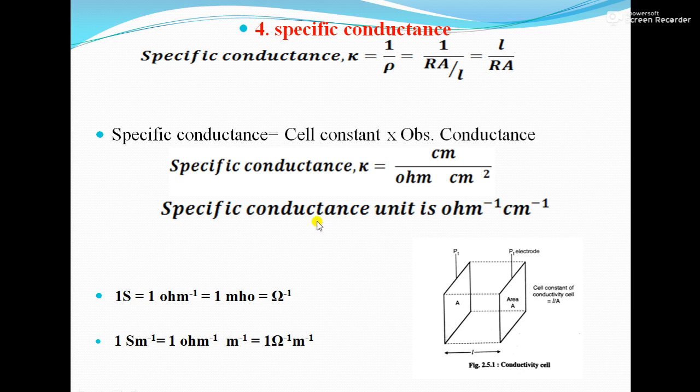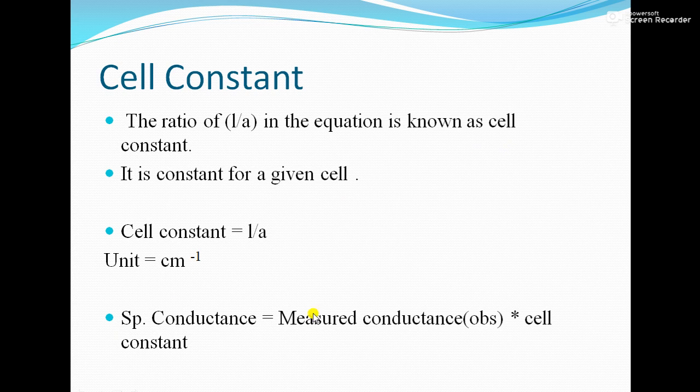Specific conductance, that is K, is equal to 1 upon R, which is observed conductance, into L by A, which is the cell constant. So specific conductance is equal to measured, that is observed, conductance into cell constant.